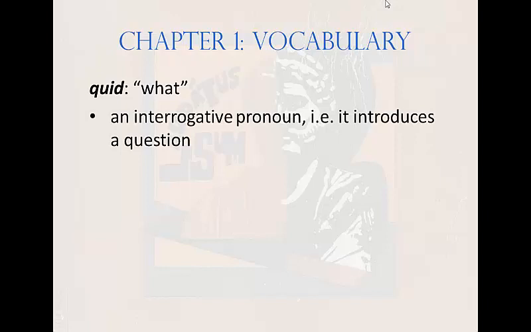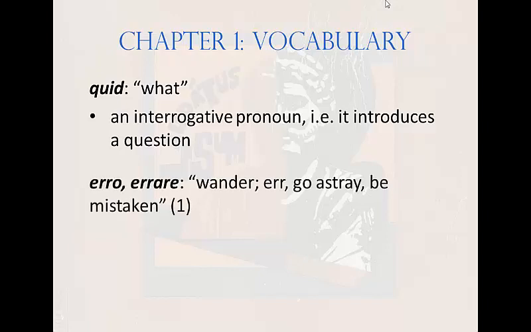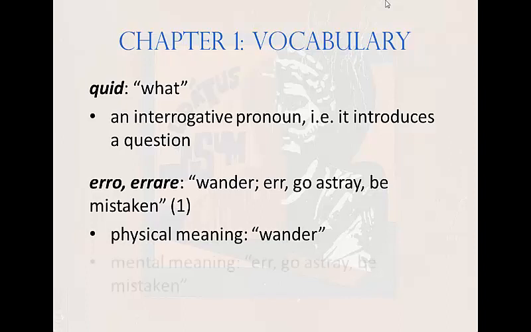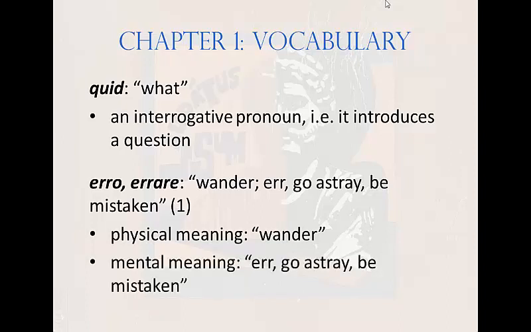It introduces a question. Technically, it's an interrogative pronoun, but you don't need to know that term yet. And finally, erro, errare, meaning wander, go astray, be mistaken, is a first conjugation verb with a physical meaning, wander, and a mental meaning, go astray, or be mistaken.